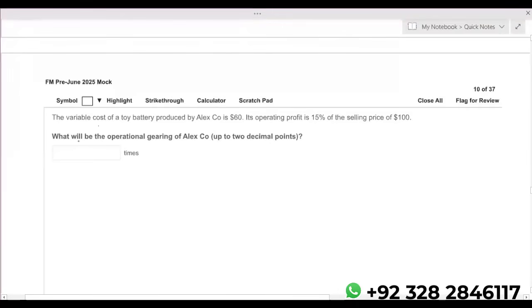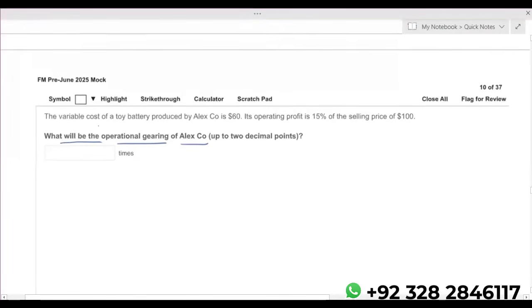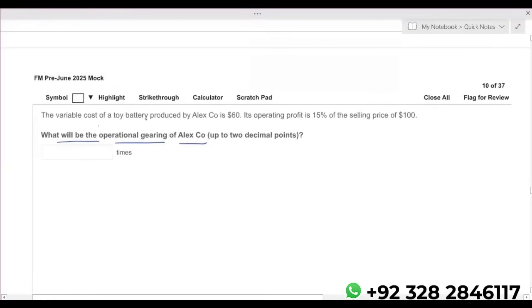What will be the operational gearing of Alex company up to 2 decimal points? Variable cost of a toy battery produced by Alex is 60. Operating profit, meaning PBIT, is 15% of the selling price.